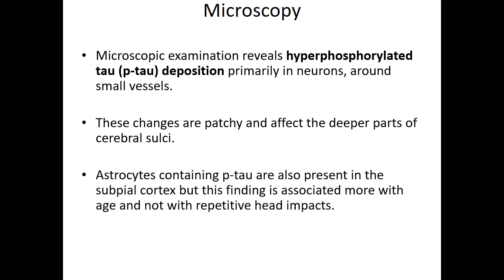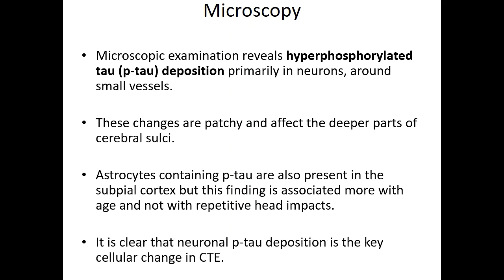Astrocytes containing the hyperphosphorylated tau are also present in the subpial cortex, but this finding is associated more with age and not with repetitive head impact. It is clear that the neuronal hyperphosphorylated tau protein deposition is one of the key cellular changes in chronic traumatic encephalopathy.